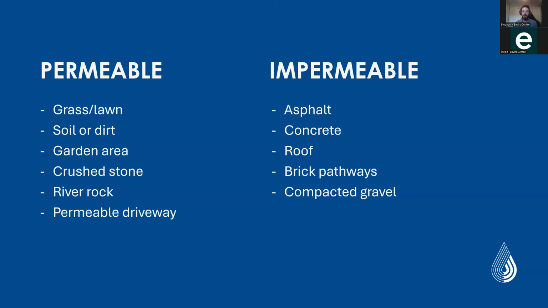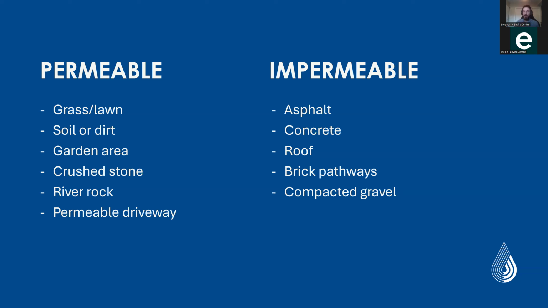Impermeable: asphalt, concrete. Your roof, if your roof is permeable, I mean, you have a whole other issue that we've got to look at first. Brick pathways. I will note it is possible to have permeable interlocking, but unless it's been installed as permeable interlocking, most brick pathways are just going to be impermeable.